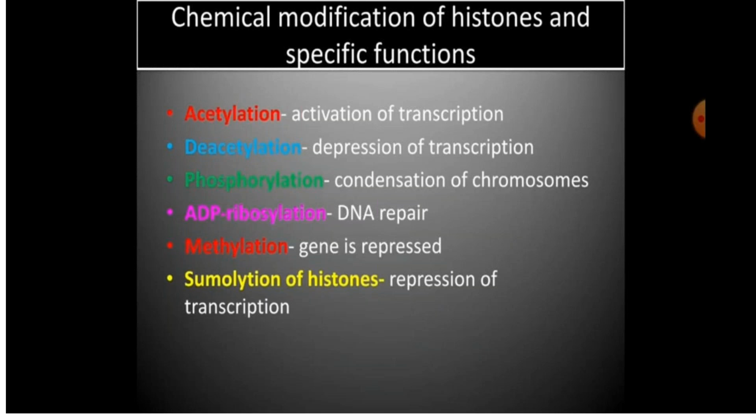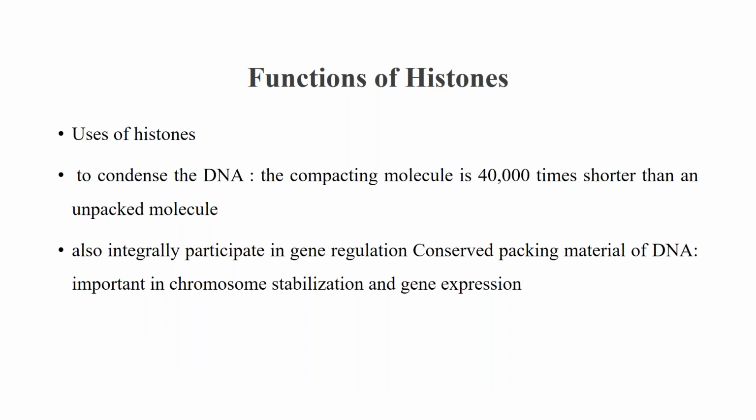Methylation is required to repress the gene. तो अगर methylation हो जाएगी तो genes जो हैं वो transcribe नहीं कर पाएंगे. They will remain in repressed stage. And sumoylation of histones causes again repression of transcription. So this is how the modification of histones is affecting the DNA at all levels.